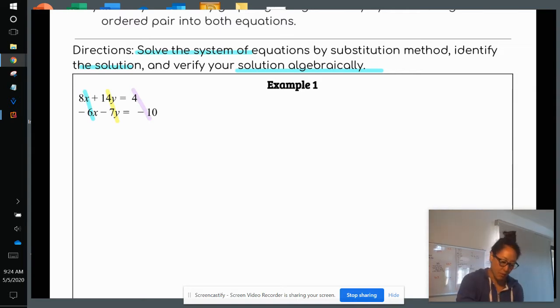So that's step number 1. Step number 2 is to verify that the leading coefficients are the same. So I have 8 in the x's, I have 8 and -6 and 14 and -7.